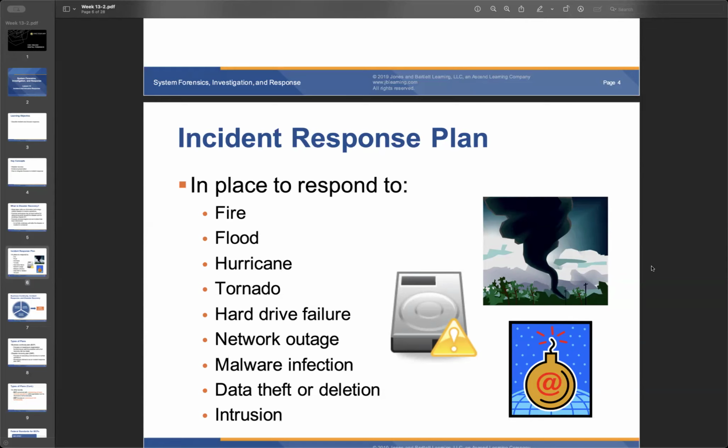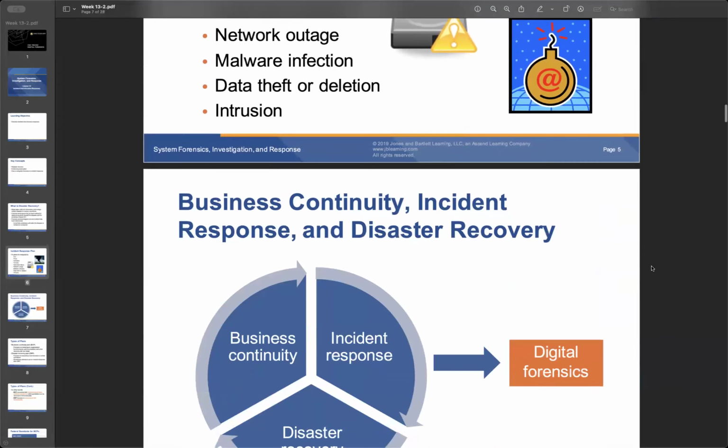Part of it, as we learned, is malware infection that infects different types of systems. Or something happens like data theft or deletion, somebody stealing your data and spreading it out, or you lose lots of data because of deletion. The next part is intrusions. Based on all these incidents, we have a response plan to think about: if we have a hardware failure, what's the response? We will design it, and we need to consider it.